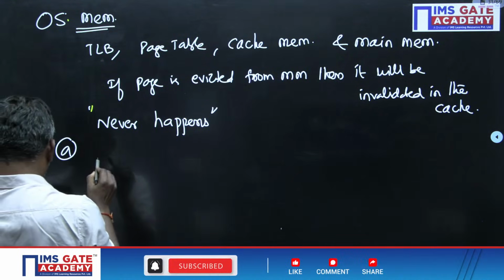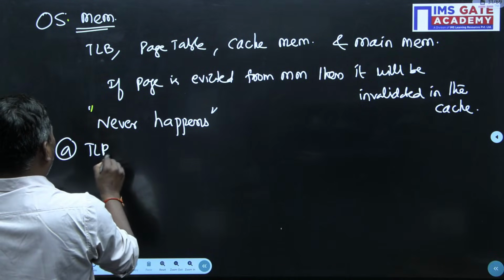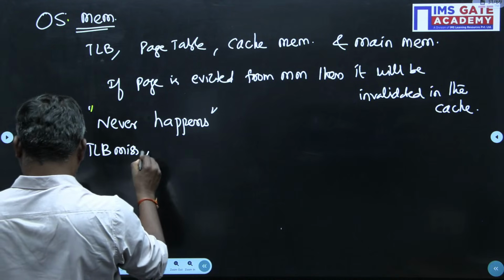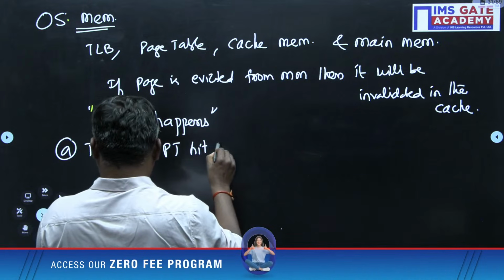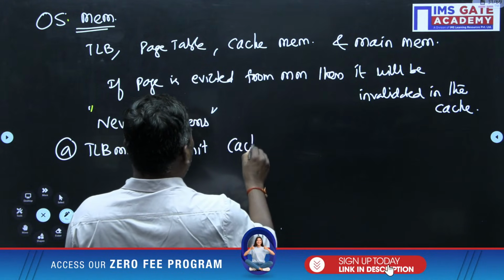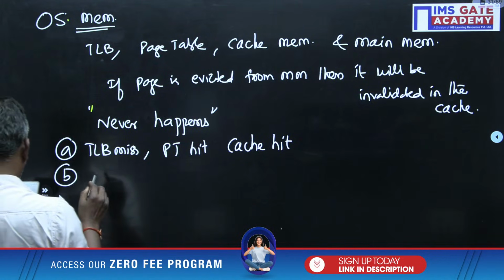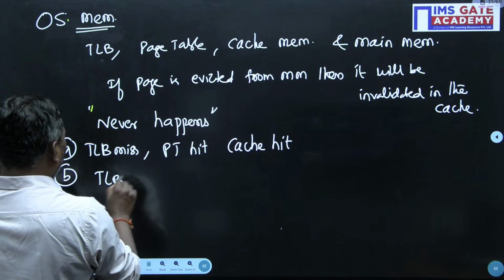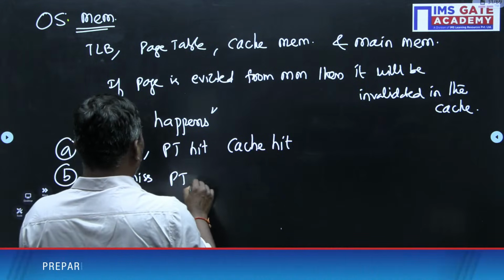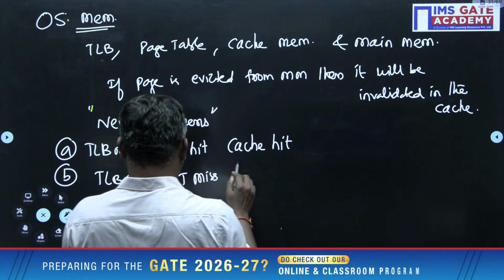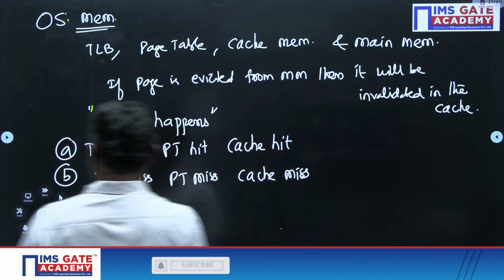Option A: TLB miss, page table hit, and cache hit. Option B: TLB miss, page table miss, cache miss.